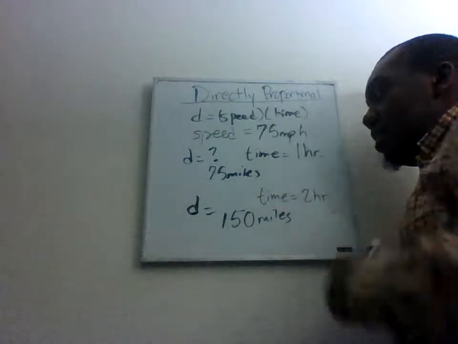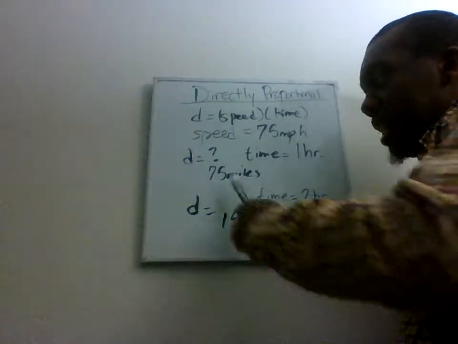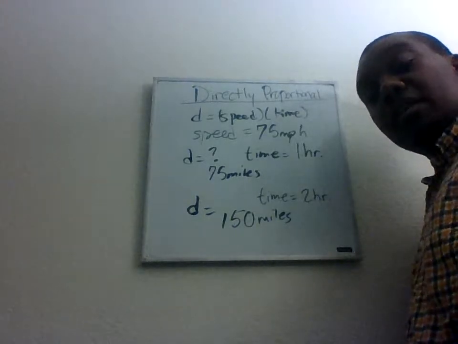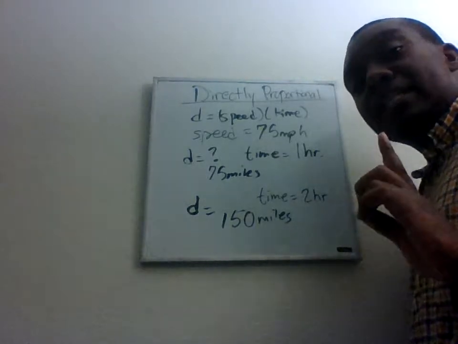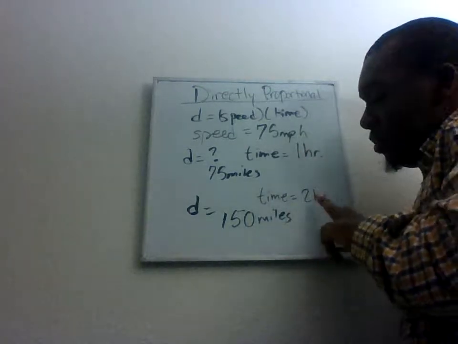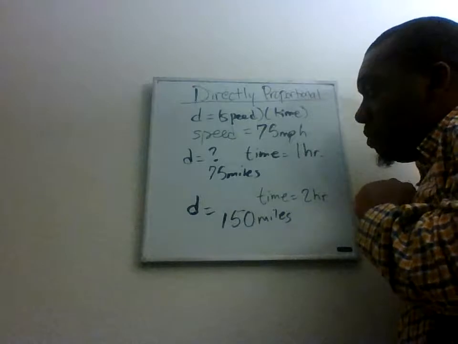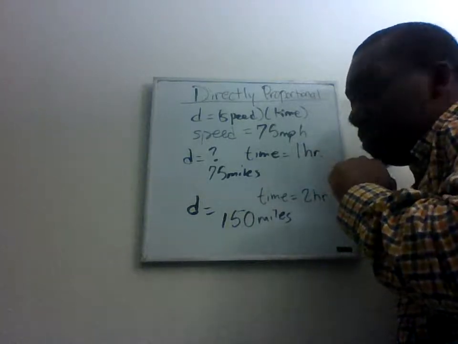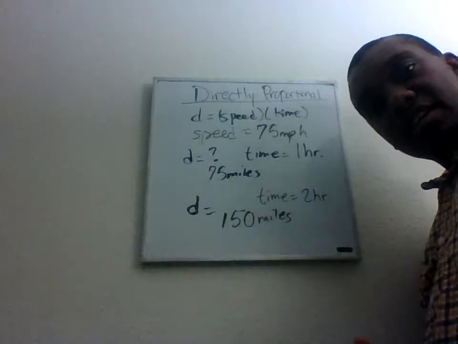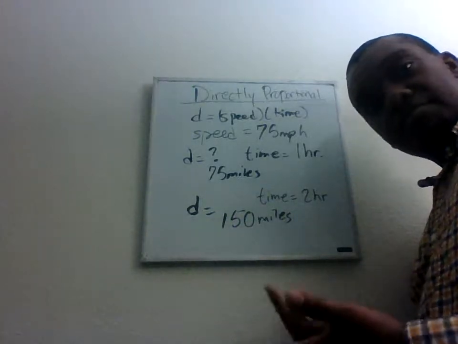Well, as this number, the time, increases, what's happening to our distance? It is also increasing. Okay, so they're both increasing, but are they increasing by the same factor? Well, let's see. If I multiply 1 by 2, I get 2. If I multiply 75 by 2, I get 150. They're increasing by the same factor. Well, of course they are.